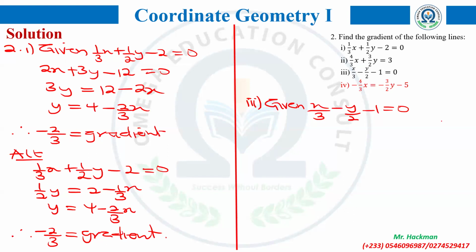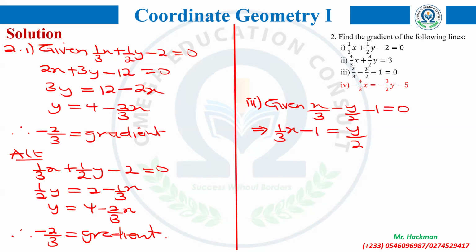Is that clear? Yes, please. So I will get, and since it's an equation, I can start with x over 3, which is the same as 1 over 3 x. I want the coefficient to be explicit. Minus 1 is equal to y over 2.